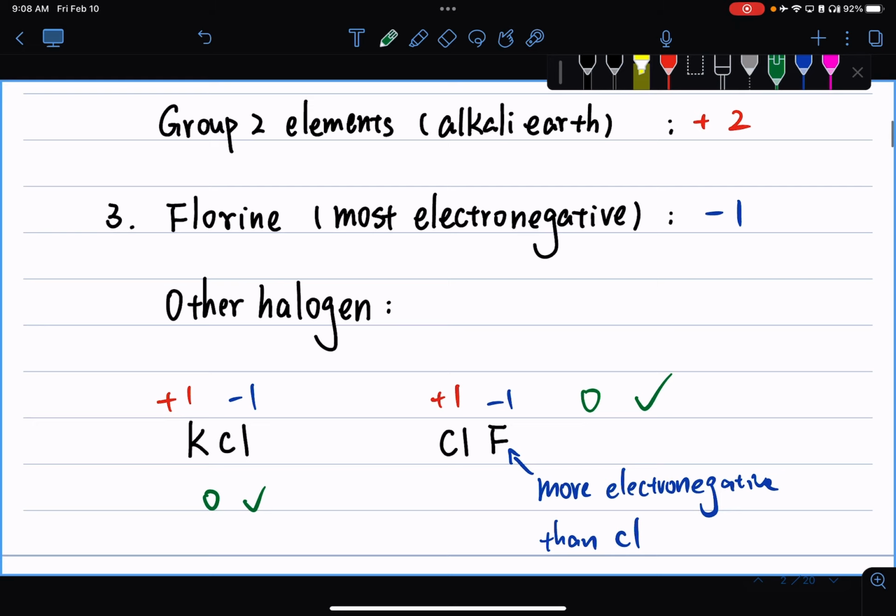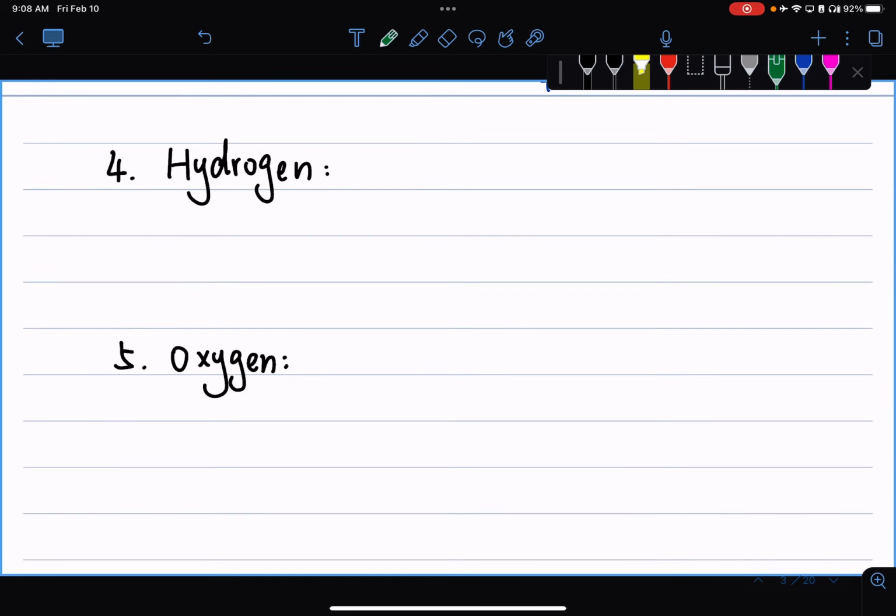All right. And then the next rule is for hydrogen. In normal cases, hydrogen will have a +1 oxidation number. And you can easily imagine there are exceptions, because now we're moving on down our priority list. For example, if we have lithium hydride, I think we saw that before, right?